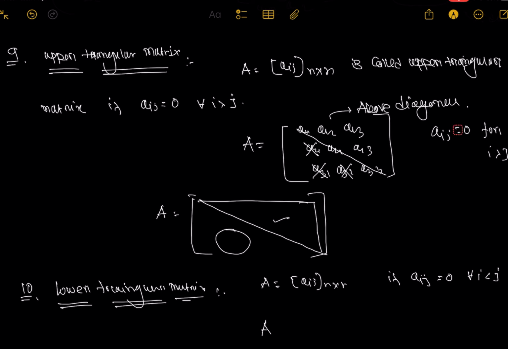How do we treat that? It should be like this. Above the diagonal is 0, but below the diagonal you don't have a restriction. Some elements may be 0, but not all should be 0. This is a lower triangular matrix.